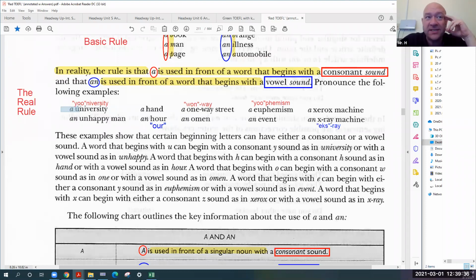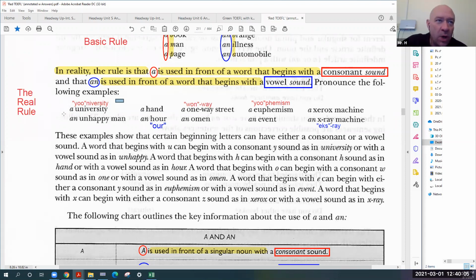Understand? What is the sound of university? When we read the word, we say you, which is not a vowel sound. So we say you, a university.